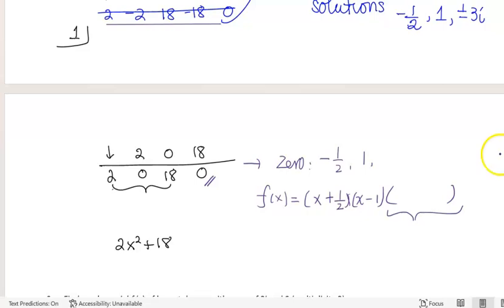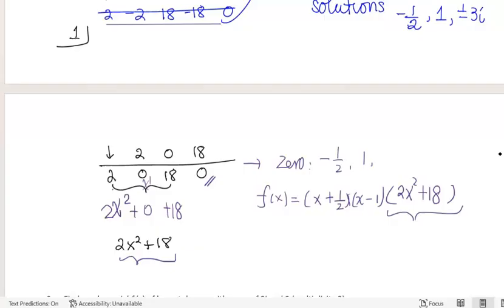This represents the last factor, because this 2 gives me x squared. The given polynomial has degree 4, so here it should be 2x squared, and here x to the first power, but it's 0. So it becomes 0 plus 18. So my last factor is 2x squared plus 18.